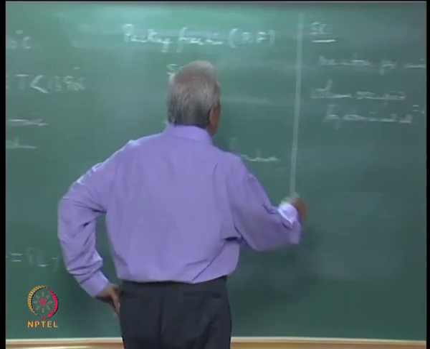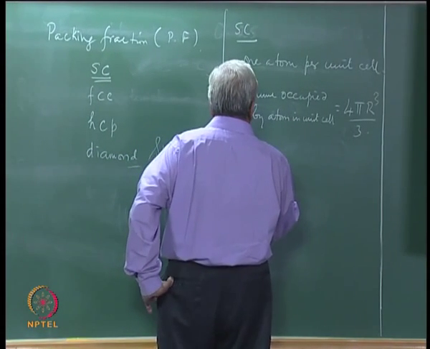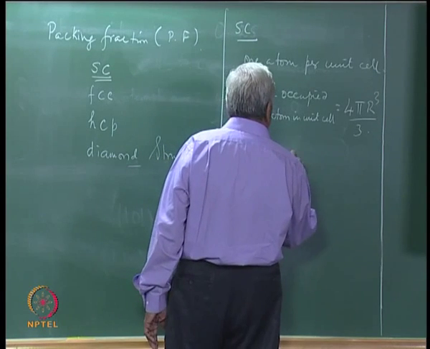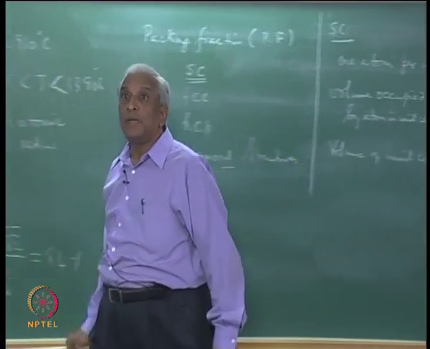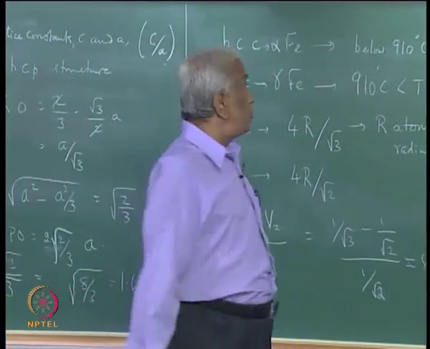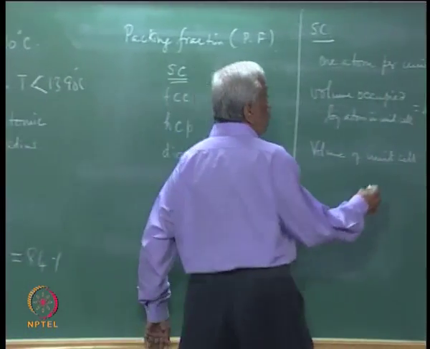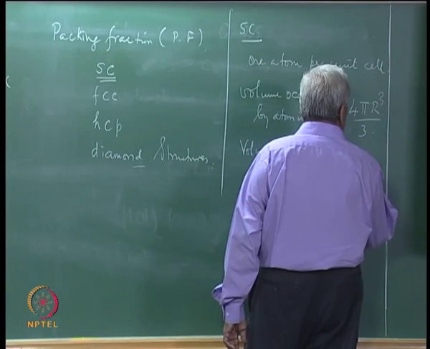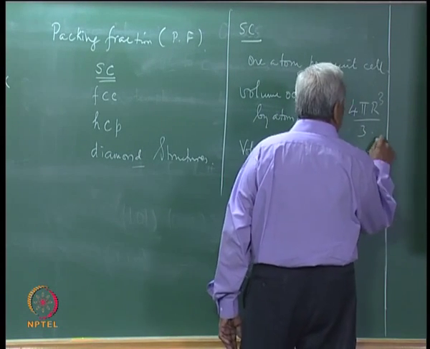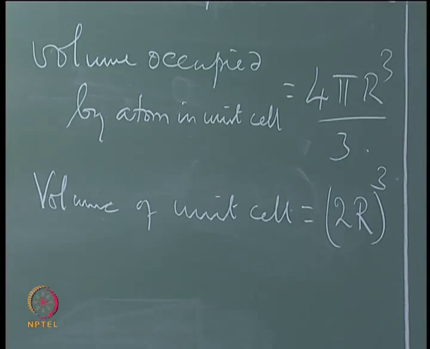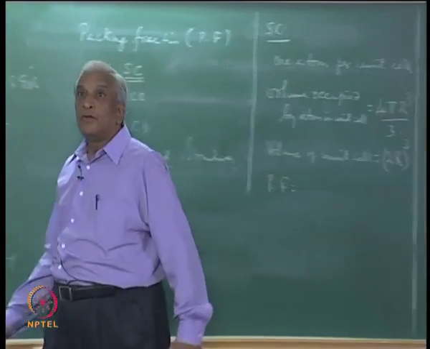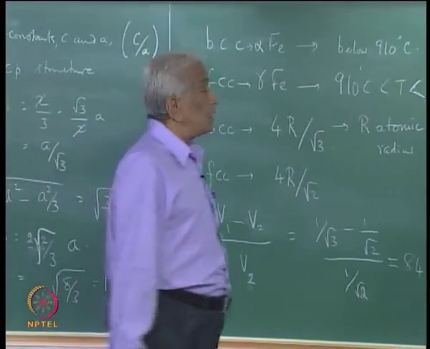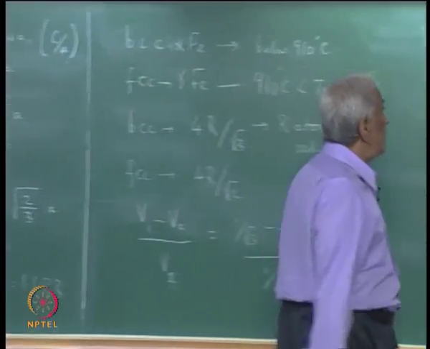Whereas, the volume of the unit cell itself depends on the size of the unit cell. The side of the unit cell has a distance 2r, so the volume will be 2r cube. The packing fraction is the ratio of the two. On calculation, this will be pi by 6.